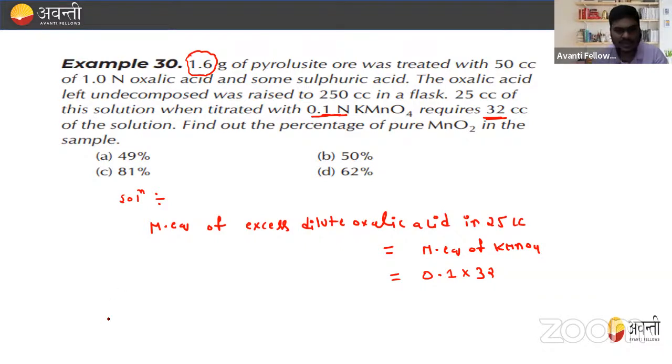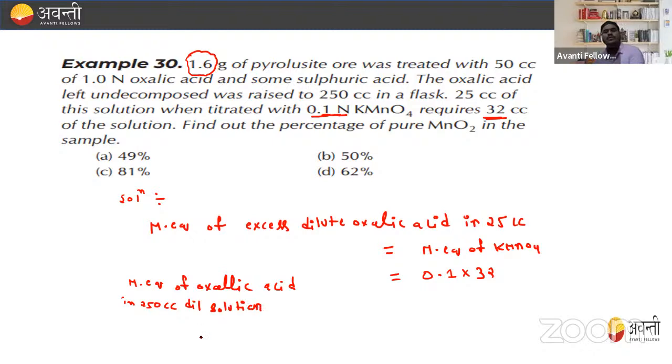Now, on a similar basis, you have to calculate the molar equivalent of oxalic acid in the 250 cubic centimeter dilute solution.